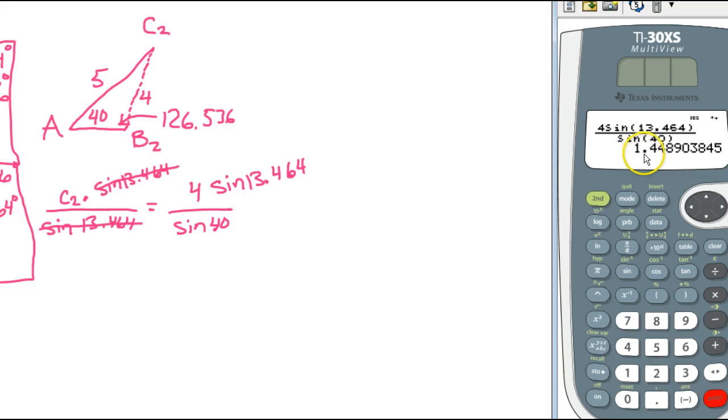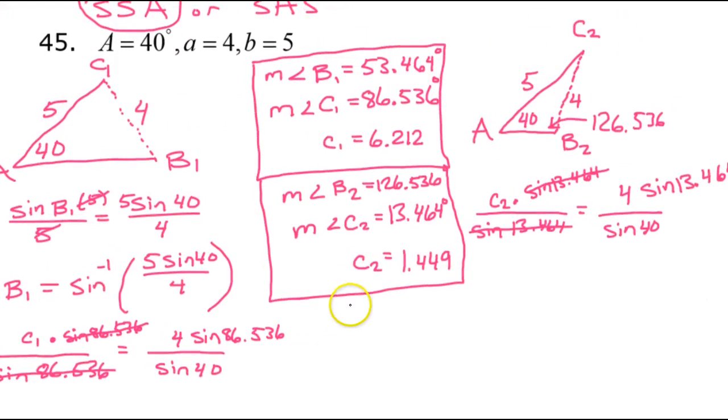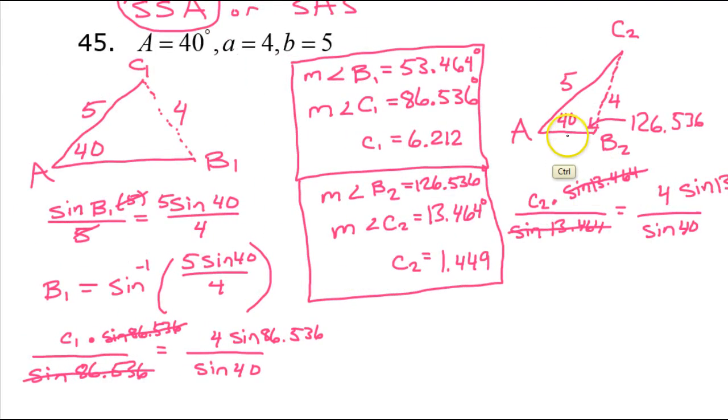That is 1.449. So side C2 is indeed very tiny. But that's it for number 45.